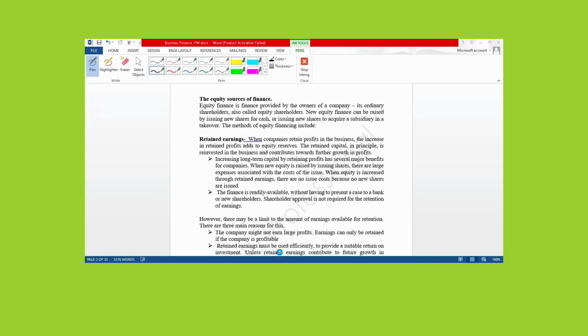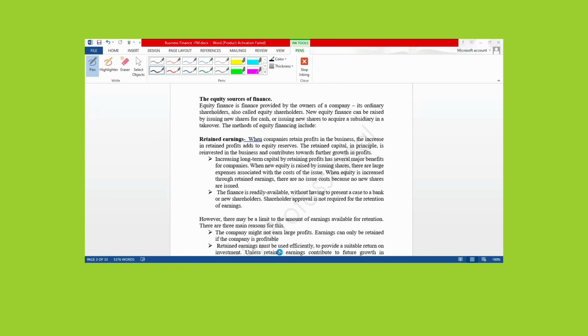All right. We are saying that retained earnings is a cheaper means of financing because you are not going to incur issue costs. If you are to issue new shares, you are going to incur issue costs.